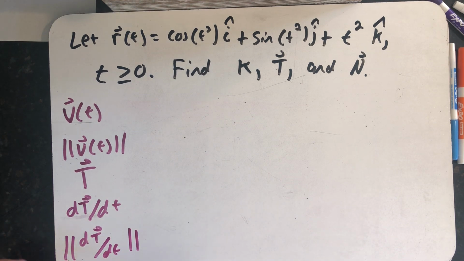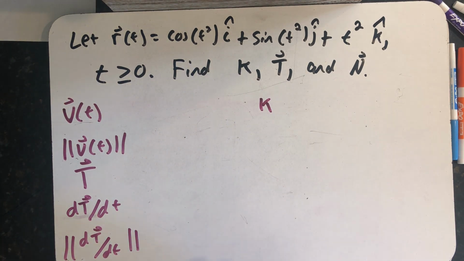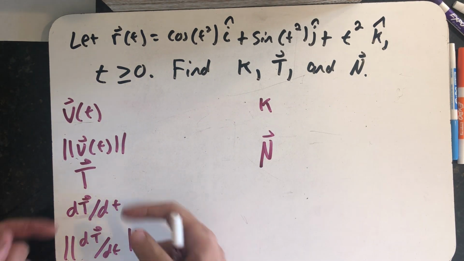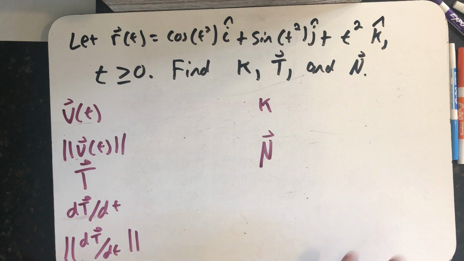After I have the magnitude of dT and speed, I can calculate curvature. And then after that, I can take the quotient of these two objects and find the principal unit normal vector. So that's what I'm going to have to do. I'm going to have to make all of those calculations. So let's just back up and start with the velocity.